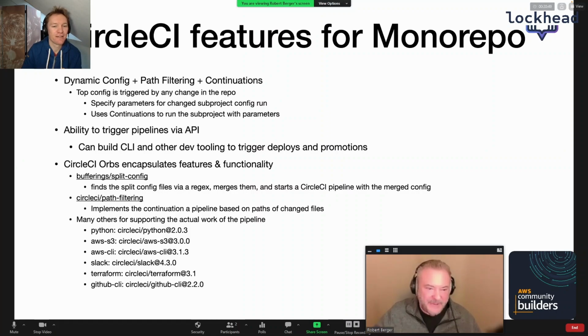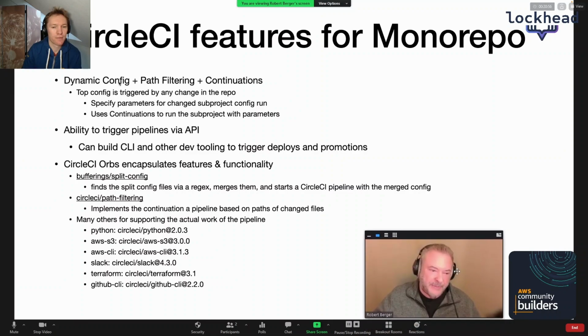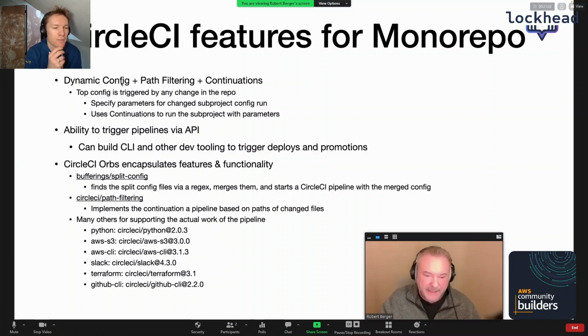So these are the main features that allow us to do this. It's a combination of what they call dynamic config, where you can dynamically generate or select the config that will run based on what's changed. The path filtering is what figures out what's changed. So you have a top-level configuration file at the top of the repo.